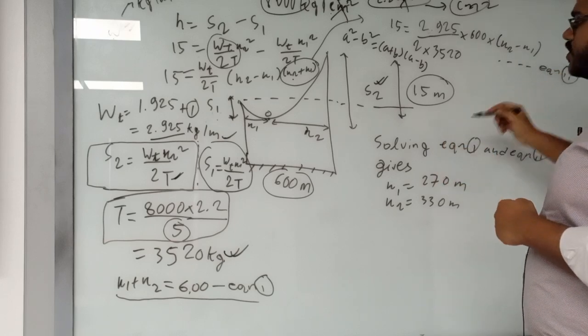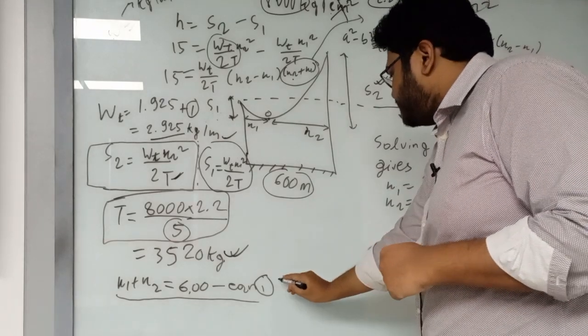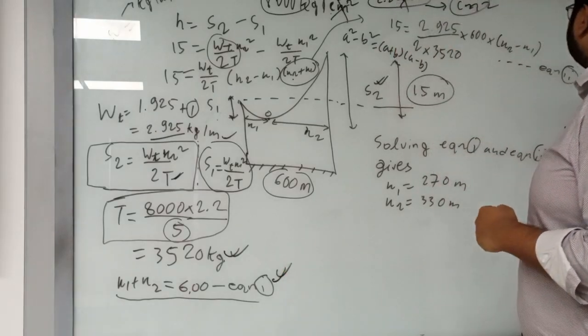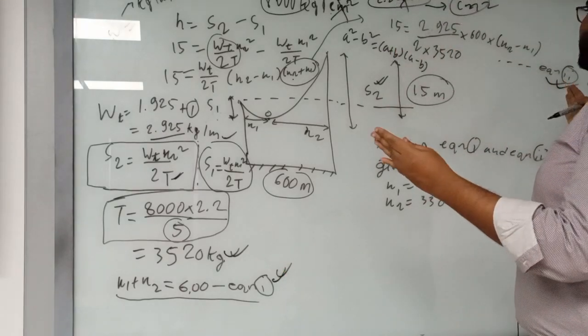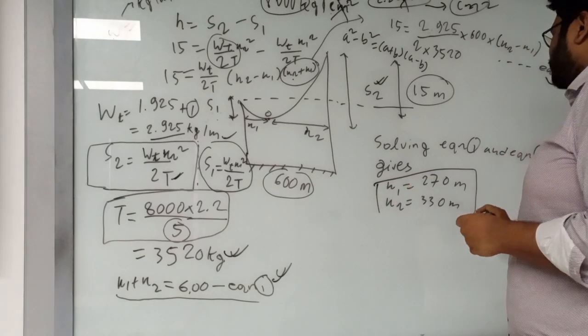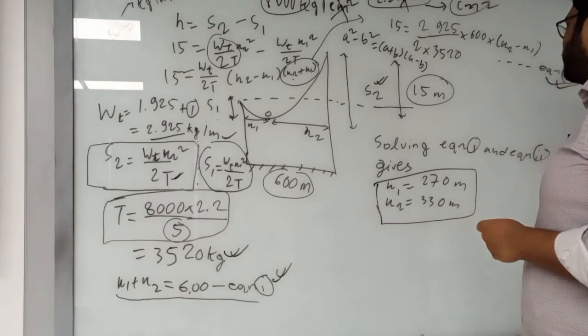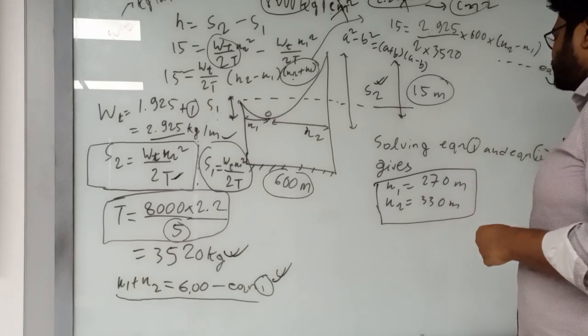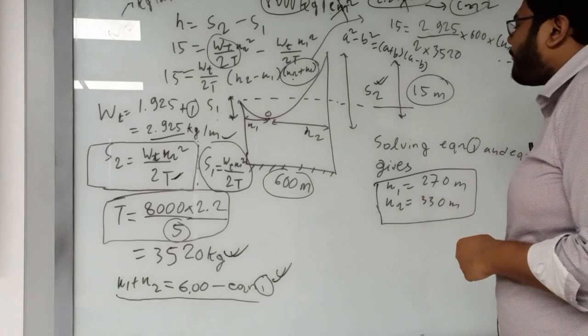So you have equation 1 and equation 2, and you use simultaneous equations to find x1 and x2. x1 is 270 meters and x2 is 330 meters.